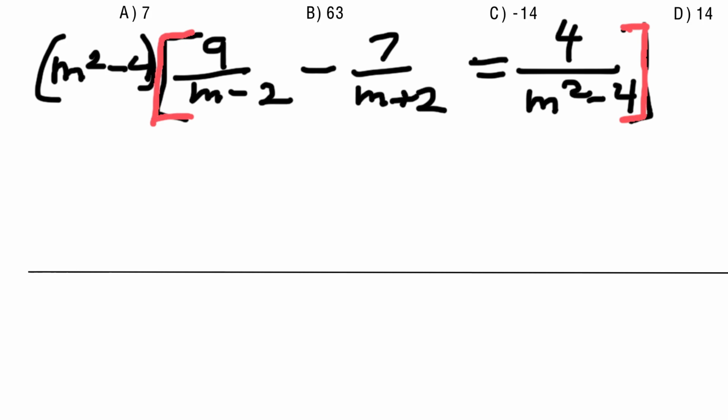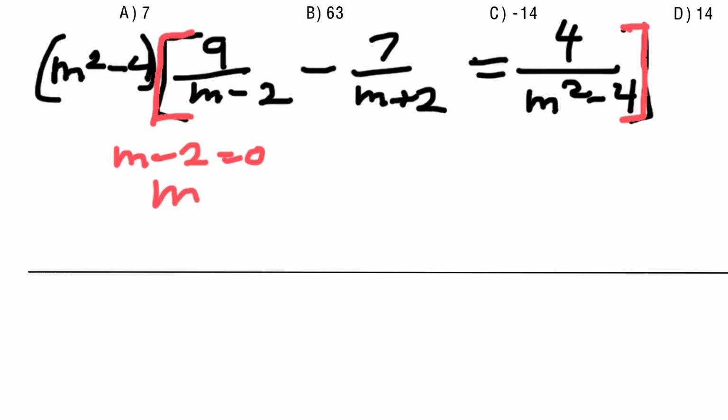Also, we have to look at the original equation, and we have to keep in mind that we can't use numbers that will make this thing divide by 0. So, for instance, in this situation we can't have m minus 2 equal 0.